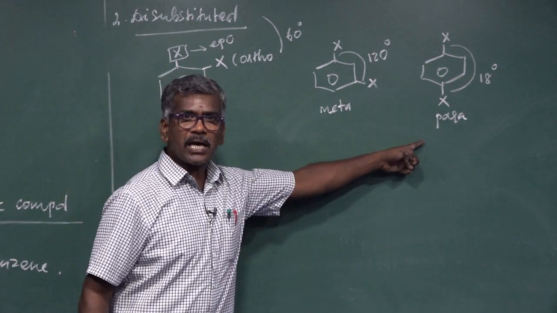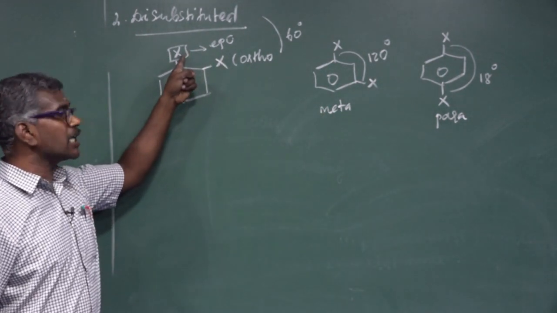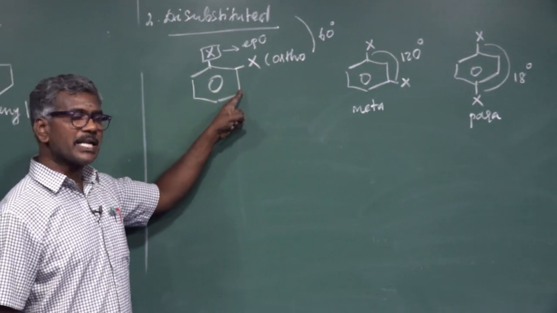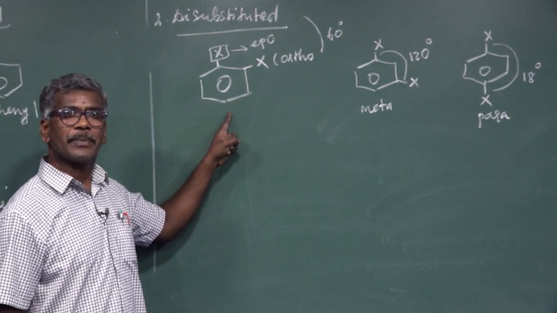Ortho, meta, para are classified depending on the reference group. The nearest carbon is ortho, the alternate carbon is meta, and the opposite carbon is para.